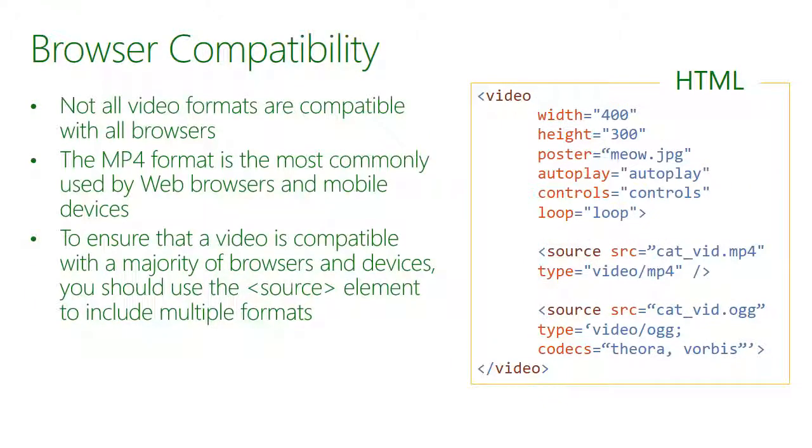What about browser compatibility? Not all video formats are compatible with all browsers. The MP4 format is the most commonly used by web browsers and mobile devices. To ensure that a video is compatible with a majority of browsers and devices, you should use the source element to include multiple formats, thereby increasing your chances that one of those formats would be accepted by the browser.